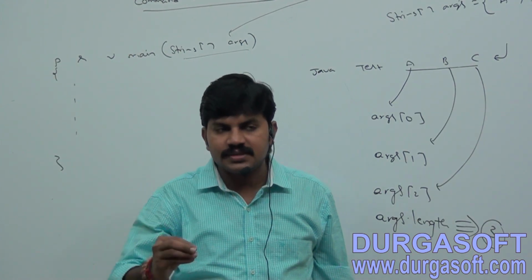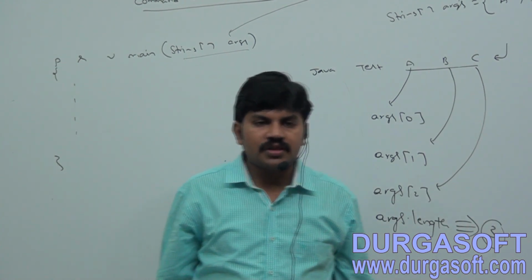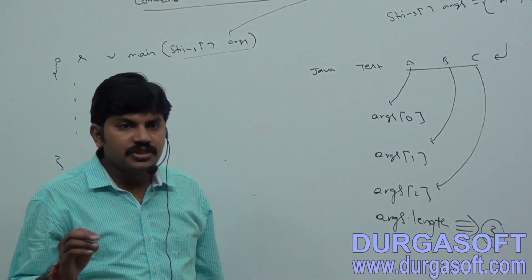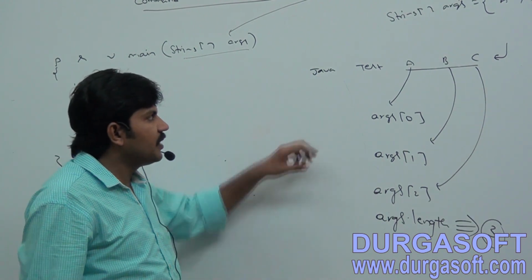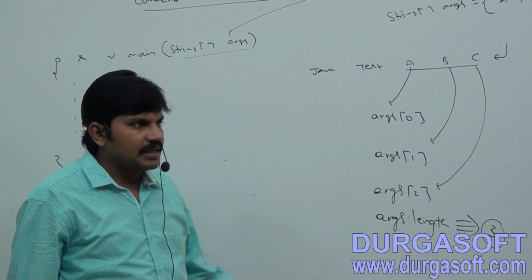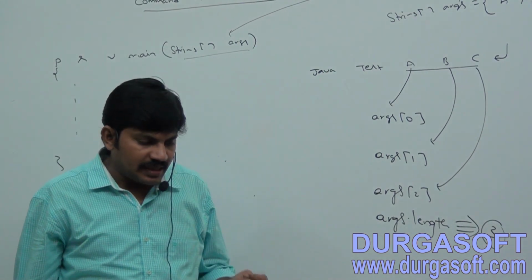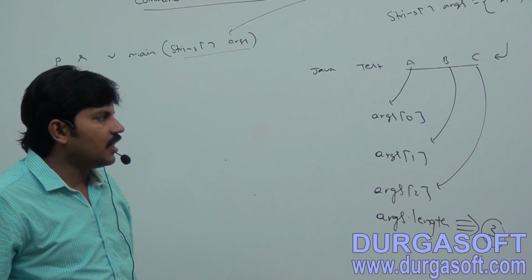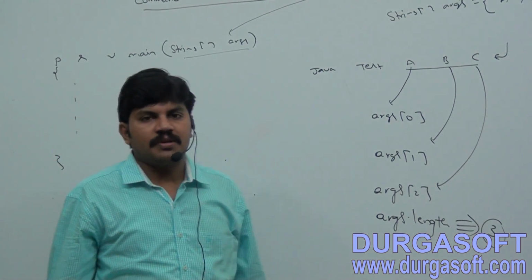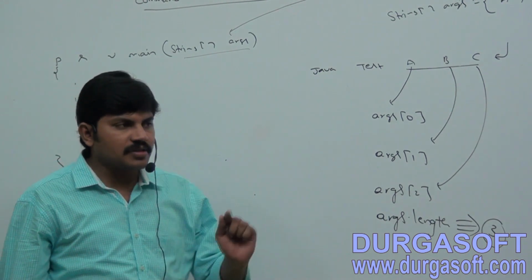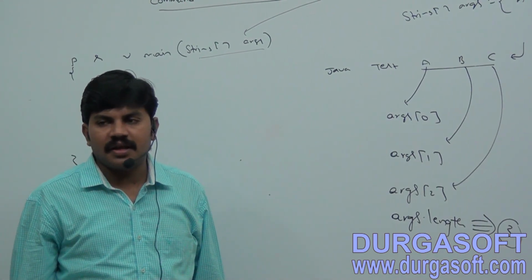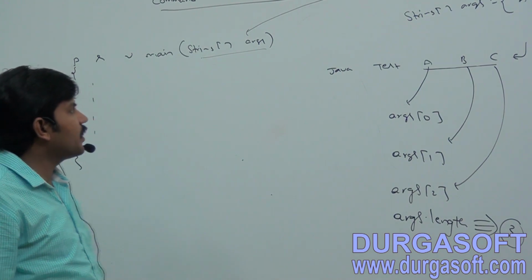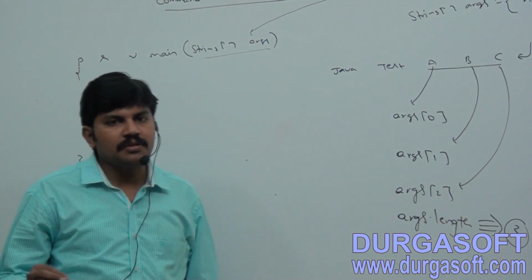Next, with these command line arguments, JVM will create an array, and by passing that array as argument, JVM will call main method.